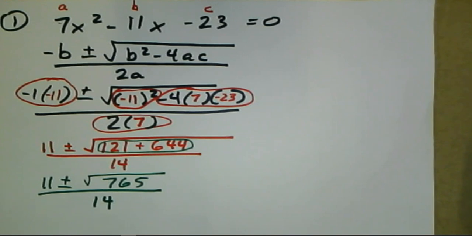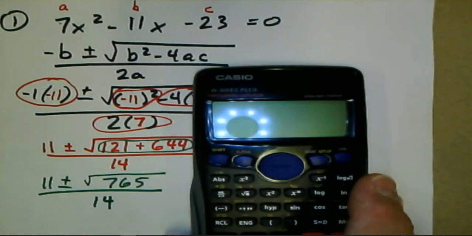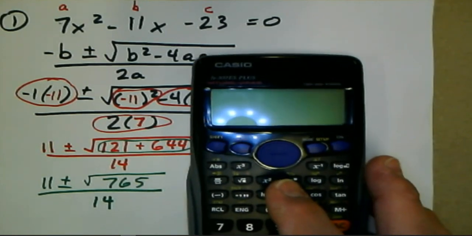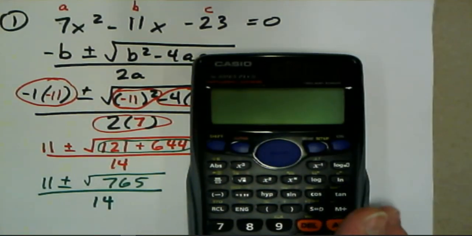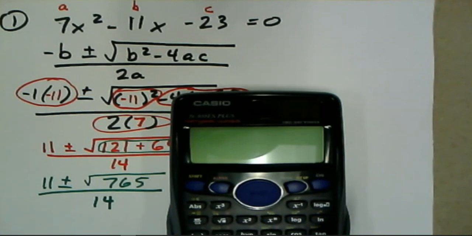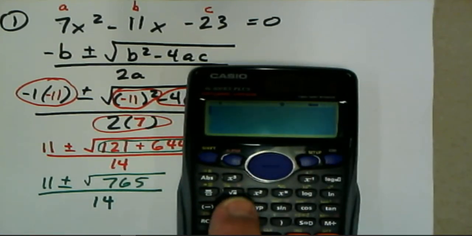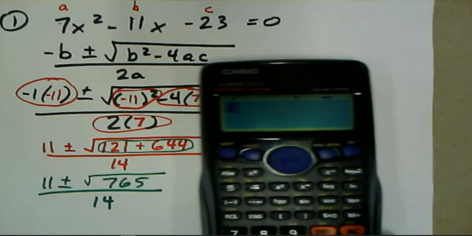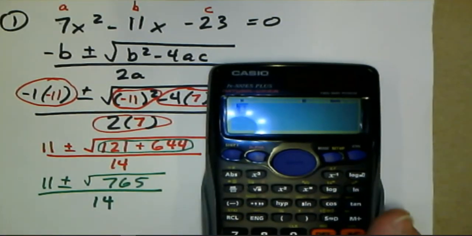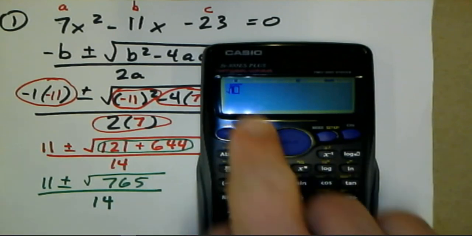All right. Now, what I want you to do in your calculator, I'm going to try to get it so you can see it. I know there's a little bit of reflection there. Hit your square root.